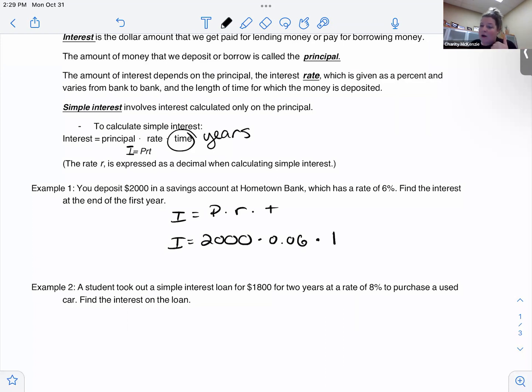If I would have said 1 month, you would have had to do 1/12 because that's 1/12 of a year. Okay, so multiply this together: 2,000 times 0.06 times 1, I get $120. So the interest at the end of the year is $120.